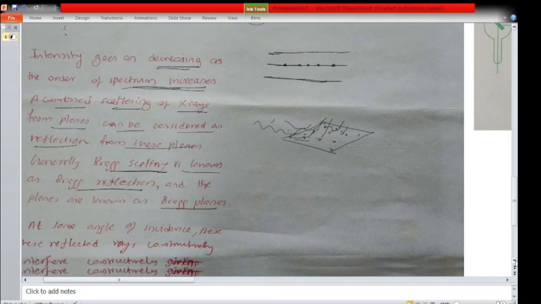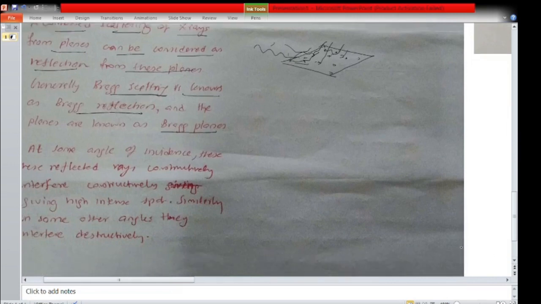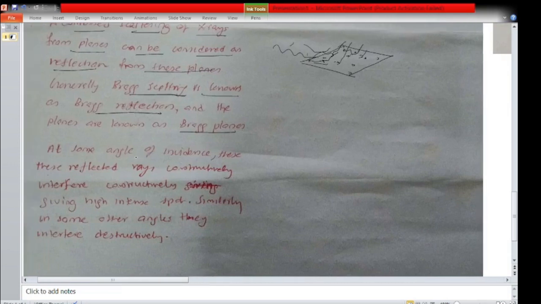Okay, and at some angle of incidence, you can see, when you consider some angles, not all angles but some angles, if you have some kind of angle of incidence, then this reflected ray constructively interferes. Okay, and then that will form a high intensity spot.